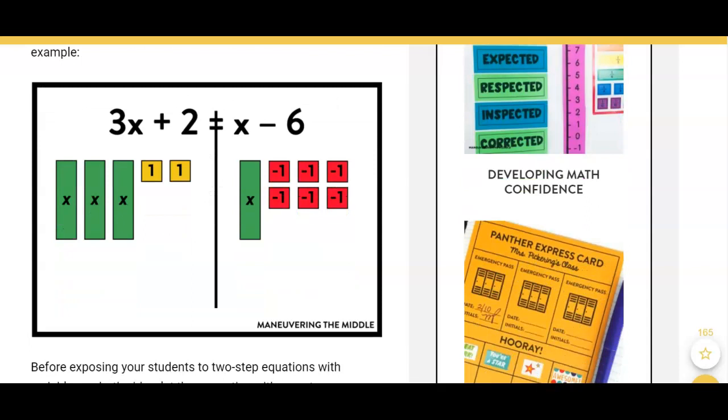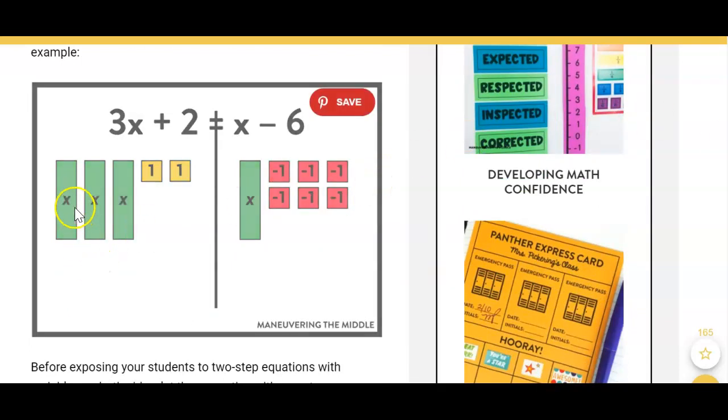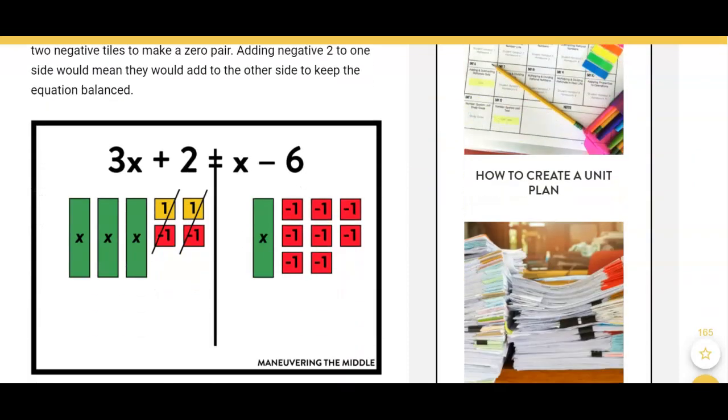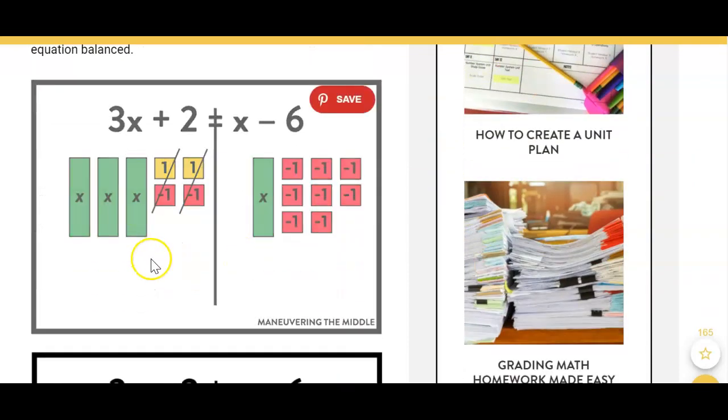So again, here is solving just a basic equation, showing the kids that you have 3 x's and 2 ones, and you have 1 x and 3 negatives in this case, so your color is different. Then of course we come down and talk about wanting to get rid of your 2 positive ones, and therefore we have to add 2 negative ones.